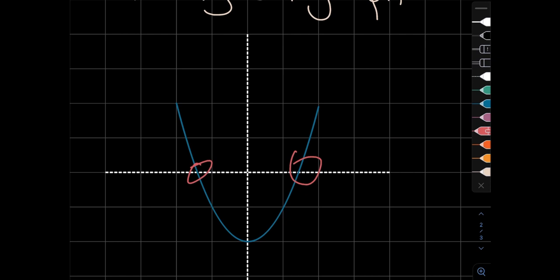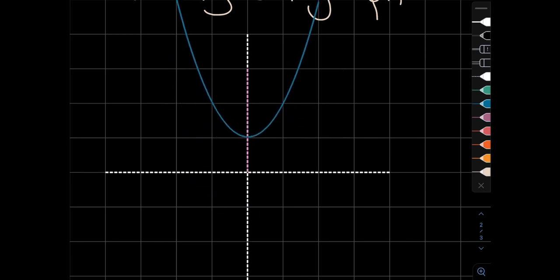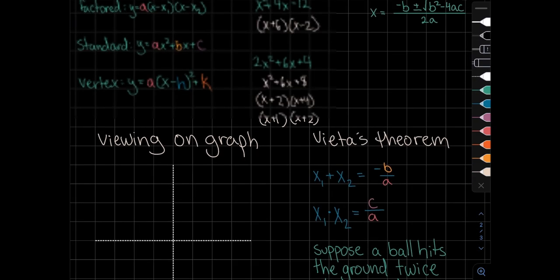It has 2 solutions. And finally, if it doesn't touch at all, it has no solutions. If you do the quadratic formula, you're not going to find any solutions to this. It's going to give you a negative under the square root, which doesn't have any real solutions.